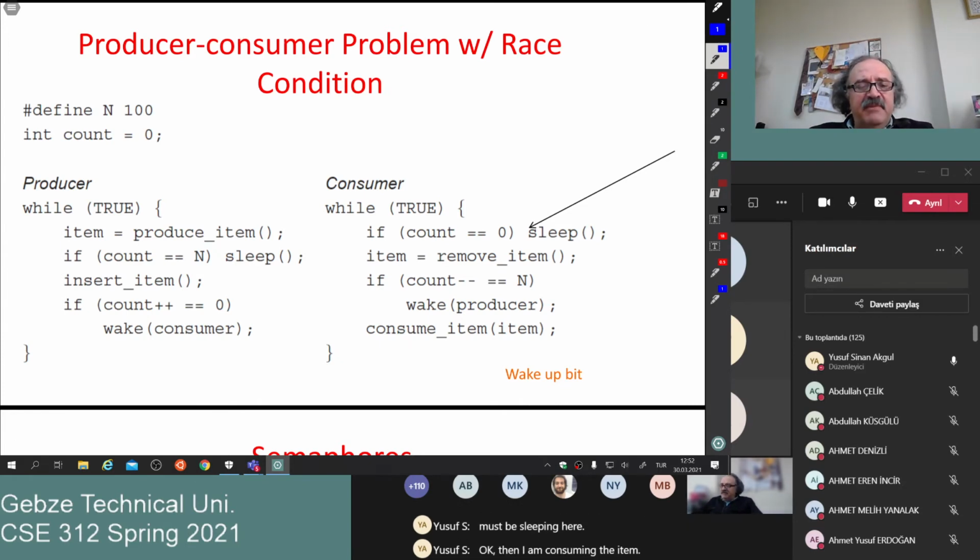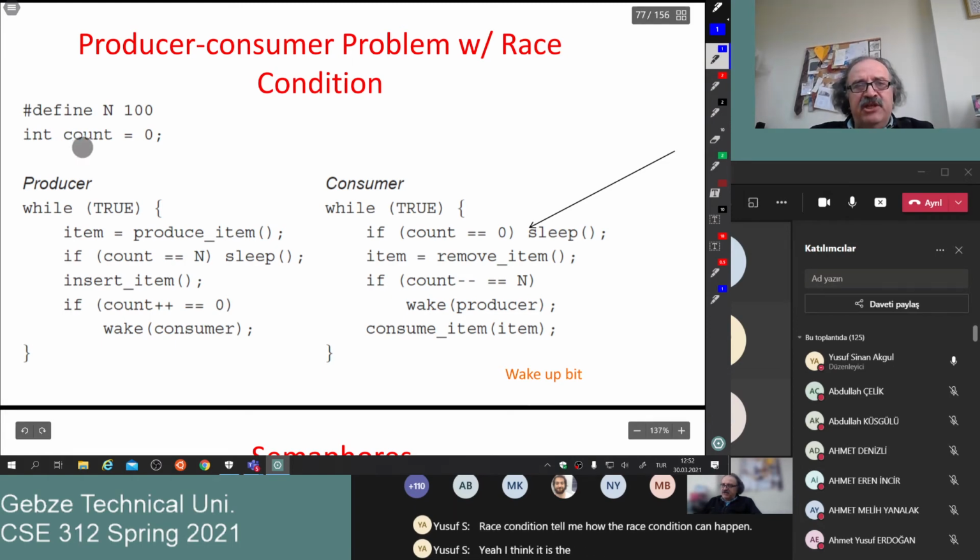This is a typical producer-consumer setup. As you see, there is no mutual exclusion here. There is no critical region marked. This code doesn't say that I am in a critical region. So that's going to be a problem. Tell me the race condition. Tell me how the race condition can happen. I think it is the count.